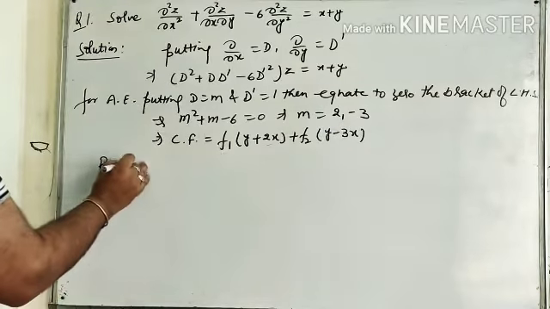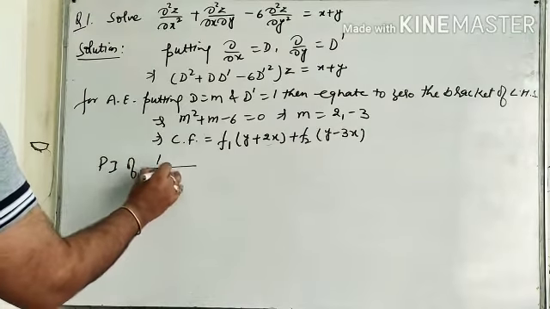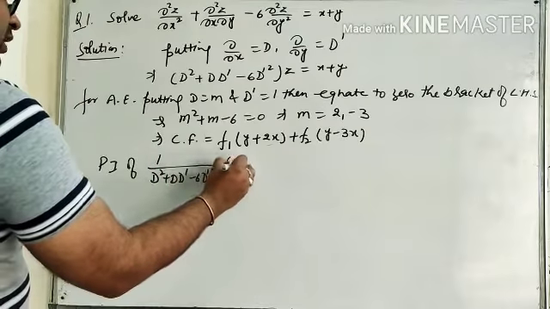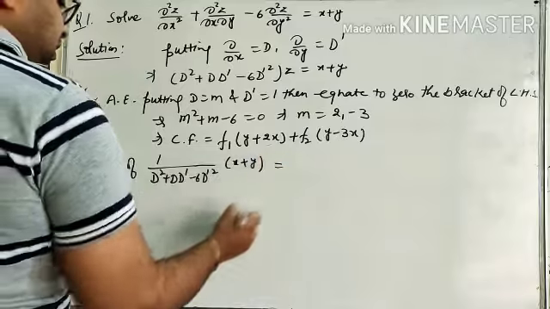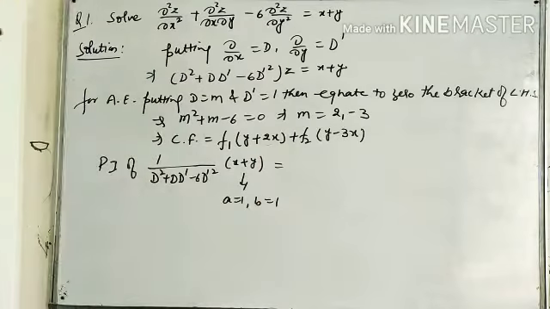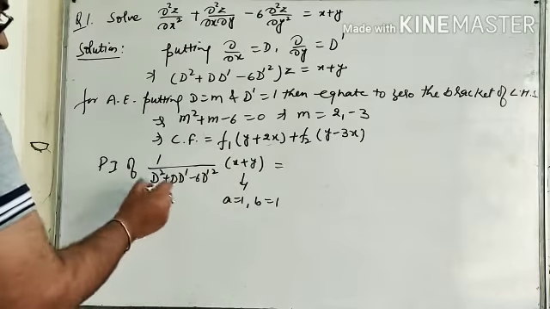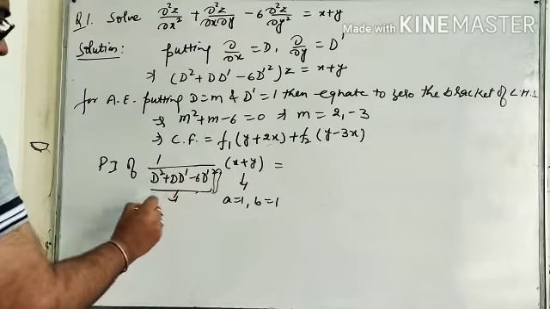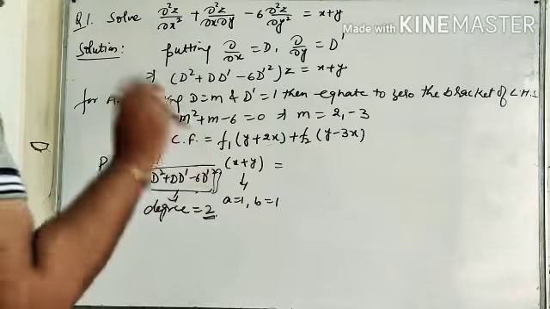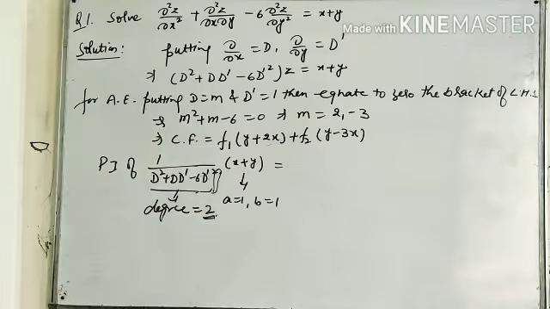Now PI equals 1 upon (D square plus D D dash minus 6 D dash square) of x plus y. Here a equals 1 and b is also equal to 1, and the degree of this term is 2, so we shall integrate it 2 times.